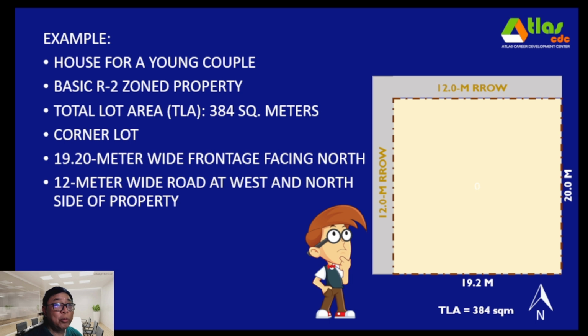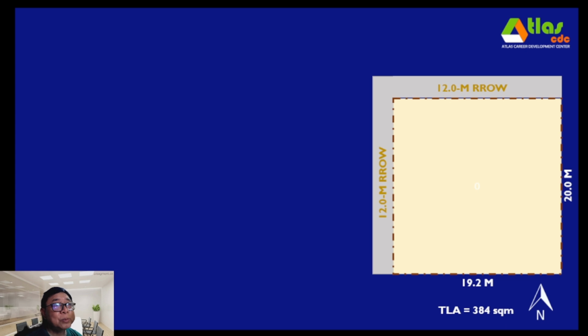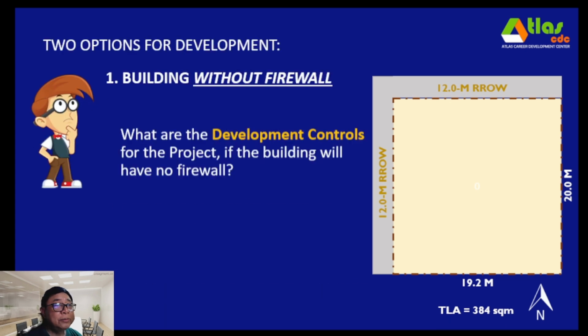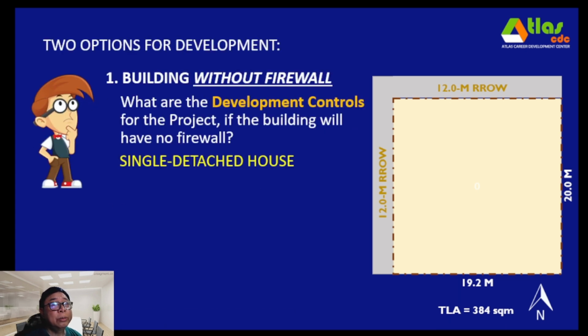So we are going to determine now what will be the development potential of this lot. Up to how much extent can we develop this property? So the first thing that we are going to ask is what will be the options for development. The first option that we have is to have a building without firewall.